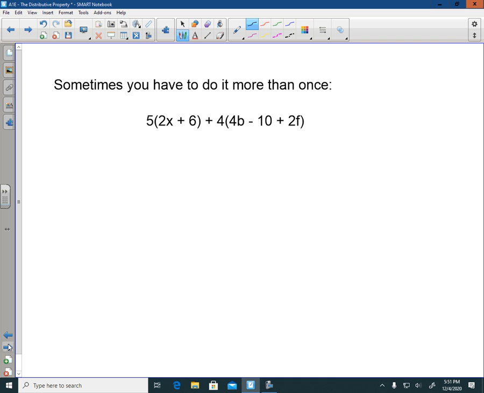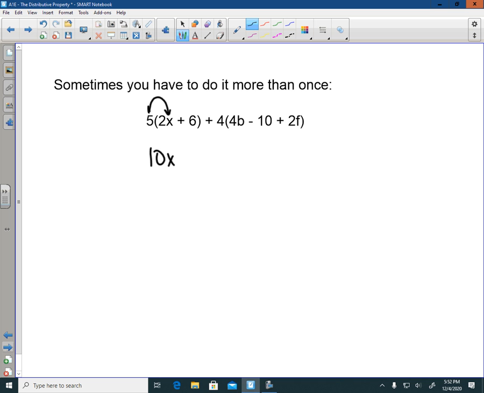Now, this looks really crazy, but it turns out that sometimes, in order to get rid of 2 sets of parentheses, you just have to do the distributive property more. Just looking at the first part, we have 5 times the quantity 2x plus 6, and then we're adding 4 times the quantity 4b minus 10 plus 2f. And we have 2 sets of parentheses to get rid of, but don't worry, we're just going to use the distributive property twice. So we'll take this 5 and we'll multiply it times 2x, and we'll get 10x.